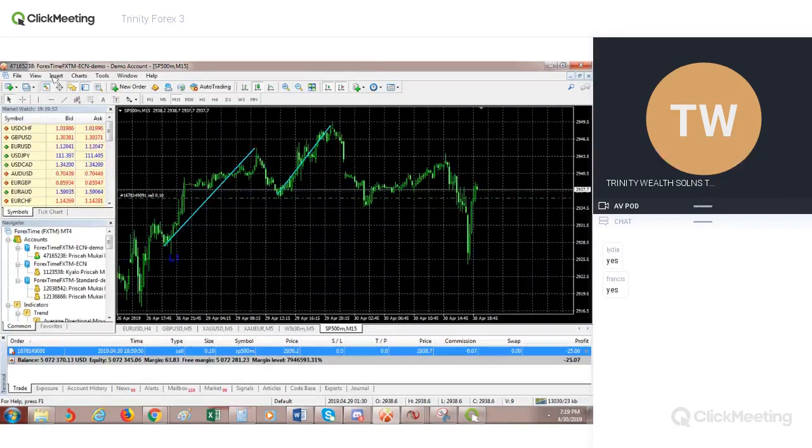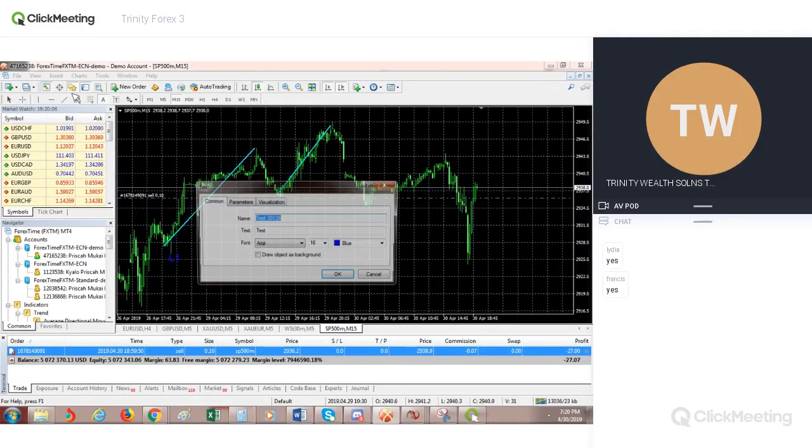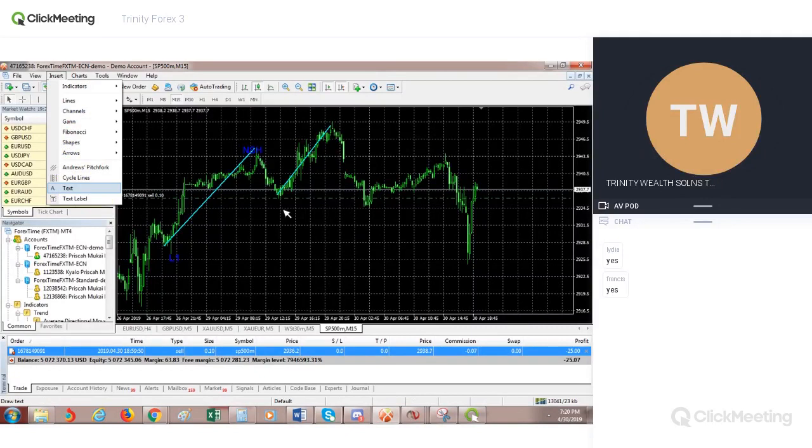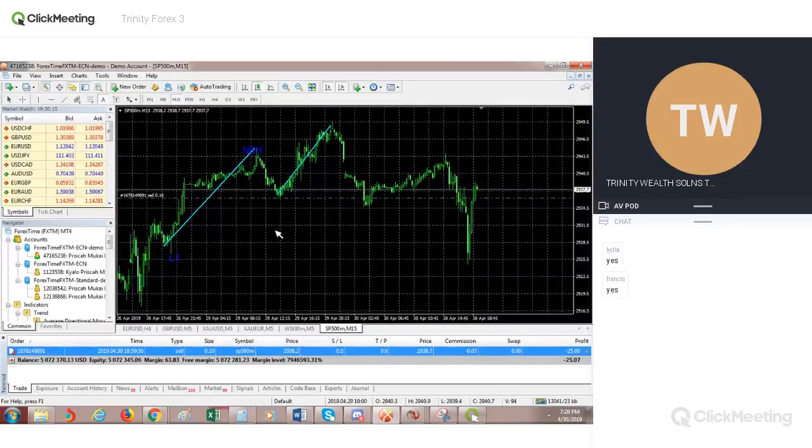Then we have our new structure high, okay? Then here we have a higher low, okay? Higher low. It is higher than the previous. And see, for an uptrend market, the lows are getting higher, and the highs are getting higher.